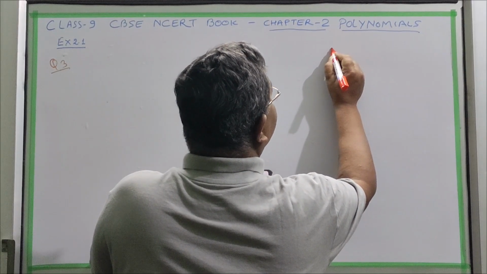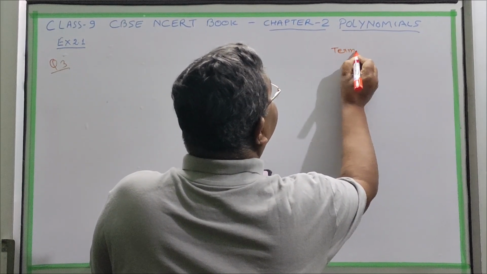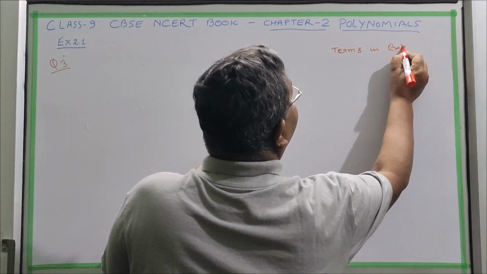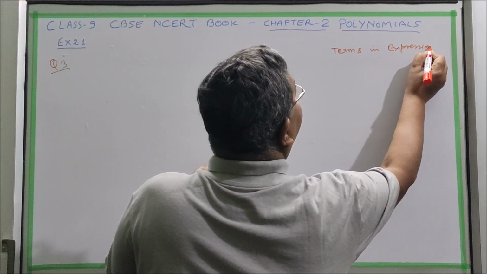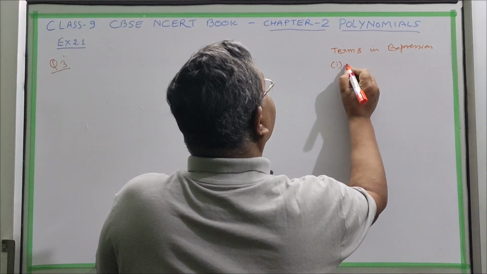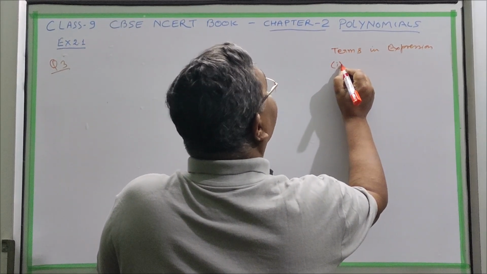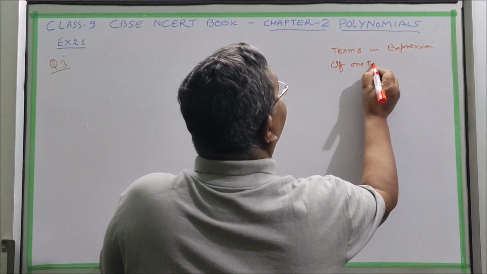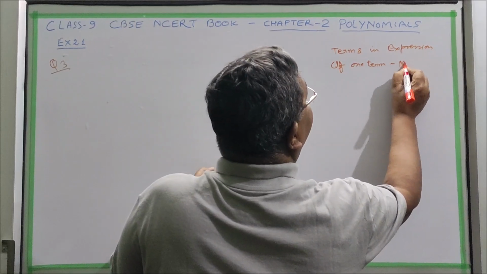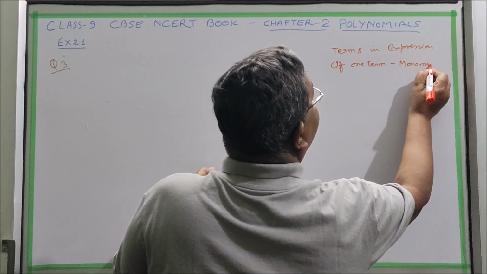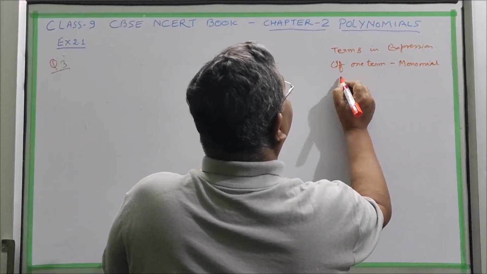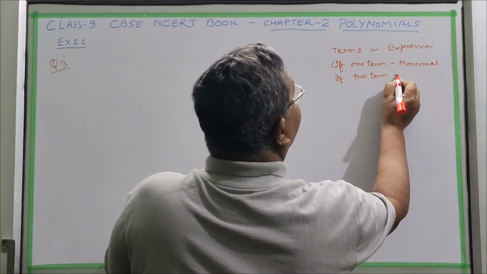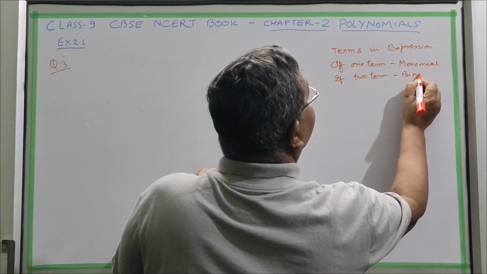Term wise, terms in an expression: if one term, it is a monomial. If two terms, binomial.